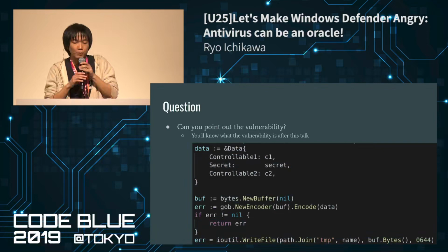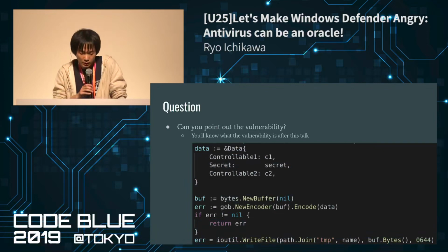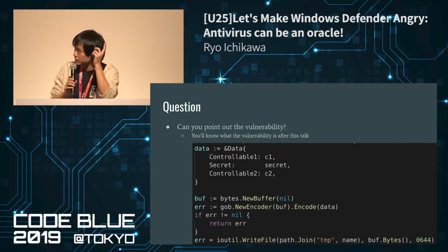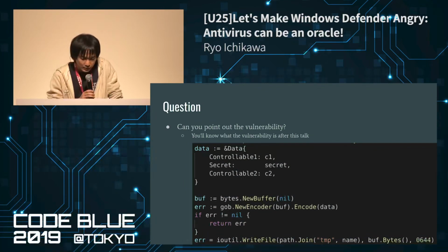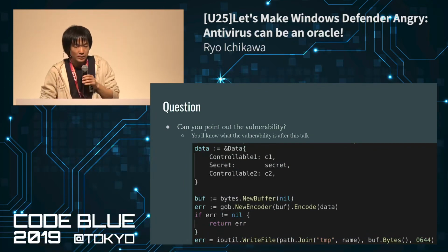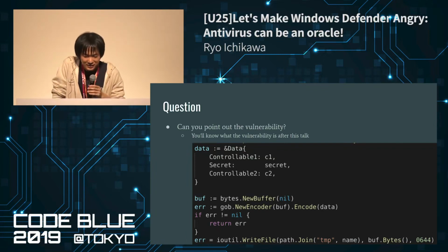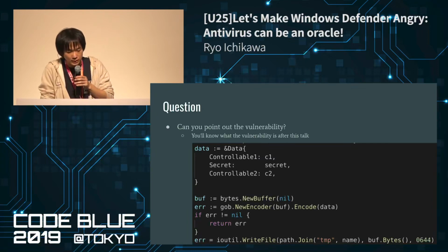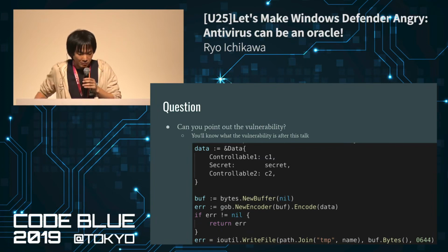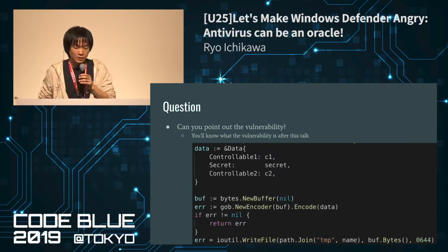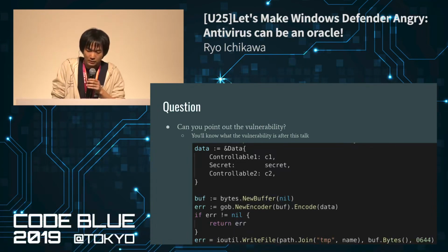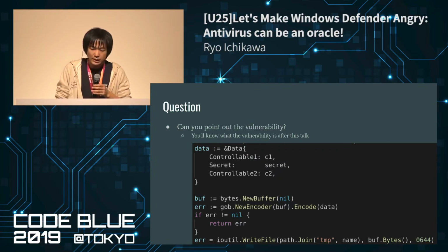Okay, so before getting into my talk, I'd like to ask if you can point out the vulnerability in this code. So I think no one can point it out. This code saves structured data, just putting secret-bearing and user-controllable data. It looks a bit secure, but actually this code is vulnerable in some points.